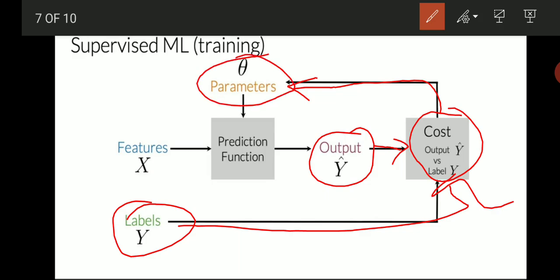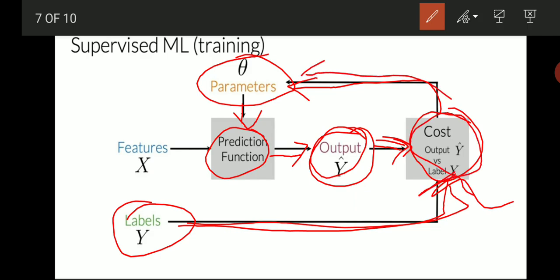That's called the learning or the training. Okay, then this prediction function will improve, and you will have a better predicted output. Then again improve, compare again, then improve again, and keep going like that until you have a good and strong prediction function.